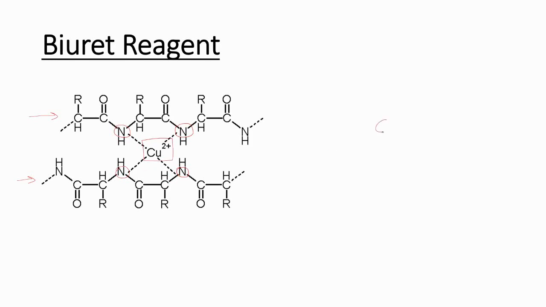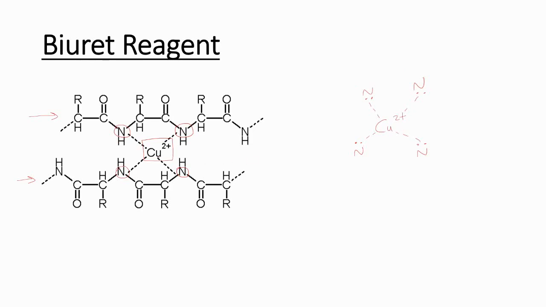Transition metals, like copper 2+, can form coordinate bonds with atoms that have lone pairs of electrons. So here I have 4 nitrogens, each one has a lone pair of electrons, and because the electrons are negatively charged, they are attracted to the positively charged copper 2+, forming these coordinate bonds. And the whole structure is referred to as a complex ion.